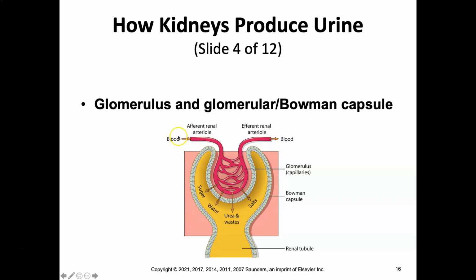You can see where the blood comes in on the left, and it comes down, and sugar, water, urea, and waste, and salts are pulled out at this point. Some of this is put back in. Some sugar, water, and salts are put back in, but for right now, what we're studying, they come out at this stage.